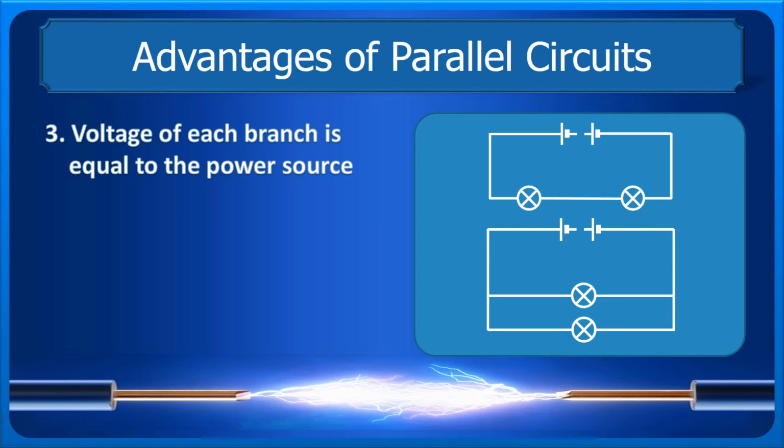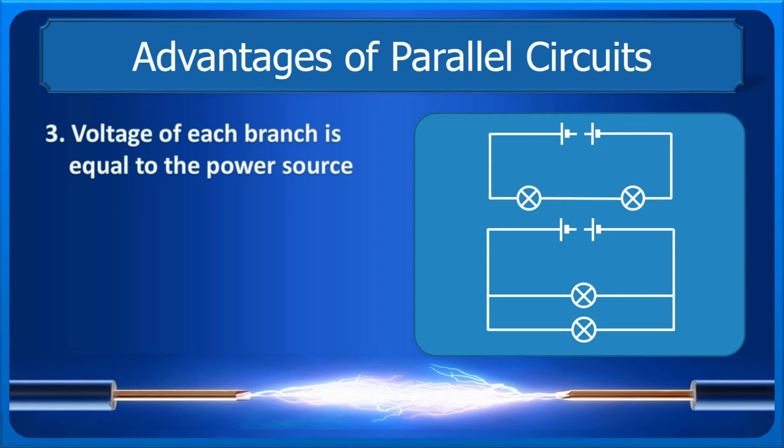The third advantage of parallel circuits is that the voltage of each branch is the same as or equal to the power source for the circuit. So if you understand voltage, which you should do from watching a previous module, and if you don't, please go back and make sure you're clear on what voltage is.